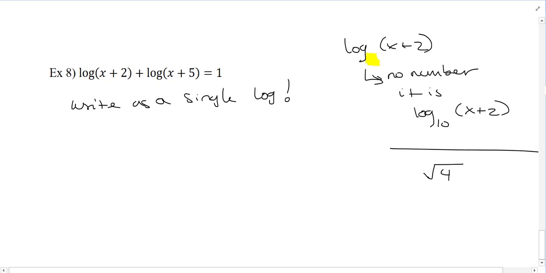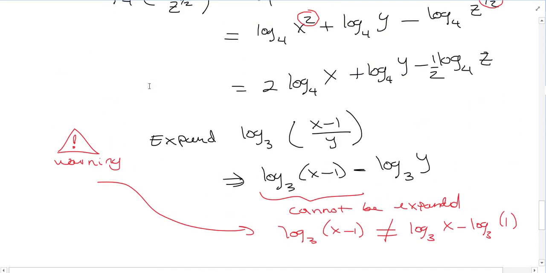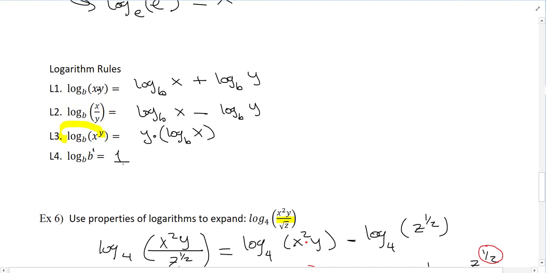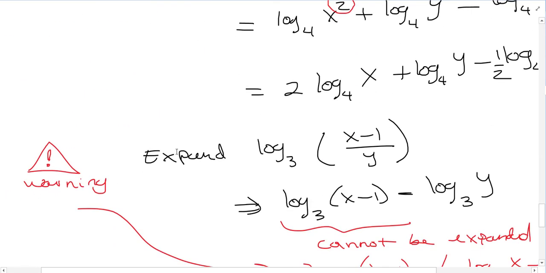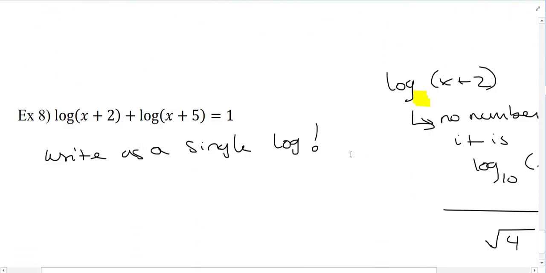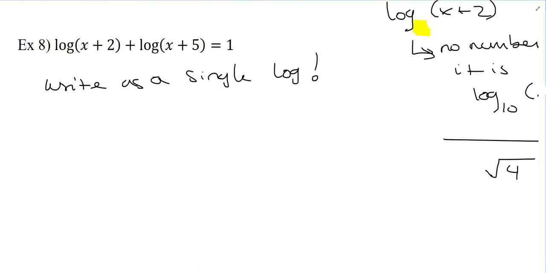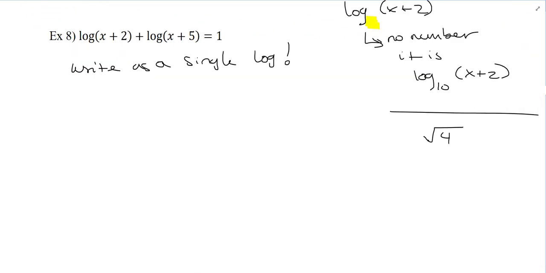So I'm going to use the first property backwards. These equals go both ways. If I have a logarithmic expression expanded, I can condense it into a single log by reversing the property. So here I have it expanded, and we want to write it as a single log. How do we do that?